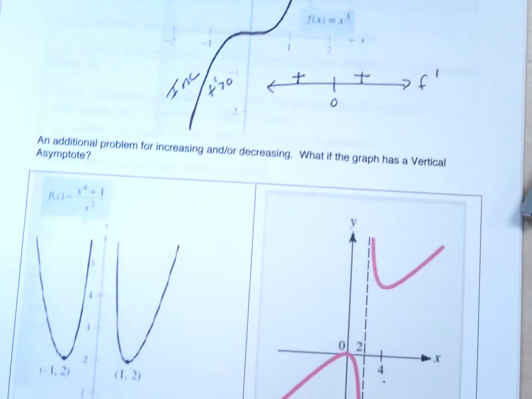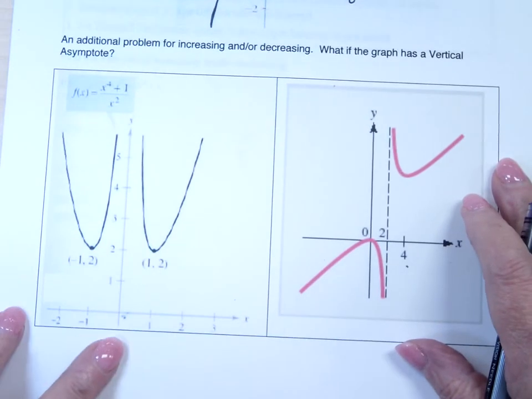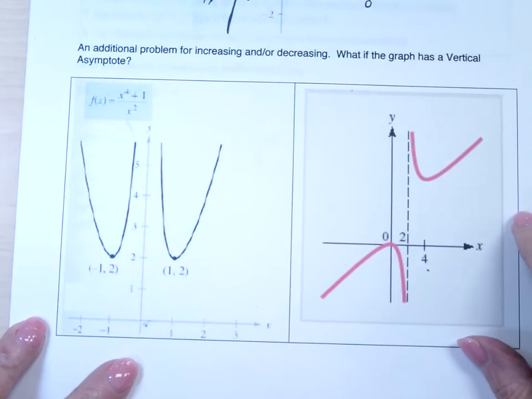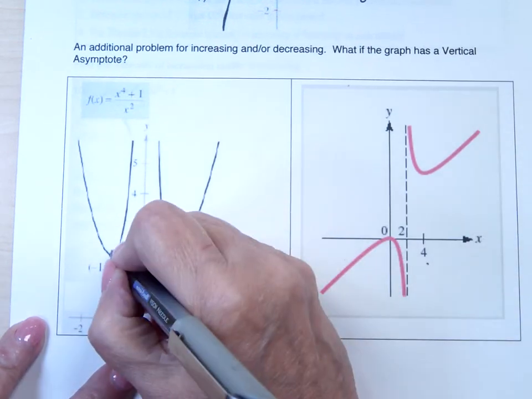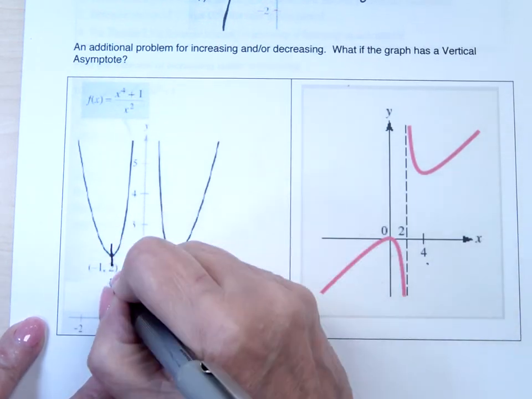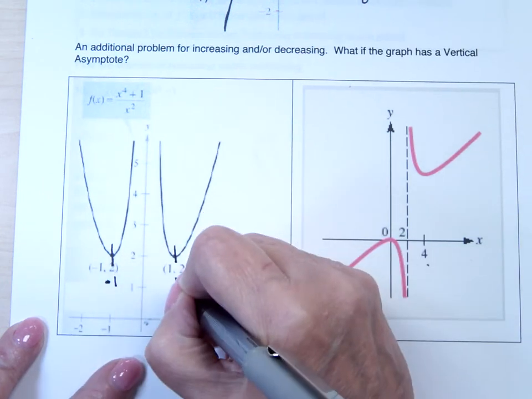Now, what if the graph has an asymptote? A vertical asymptote. Well, this is what becomes interesting, because I can go through, here's a critical number right here. Here's a critical number here.